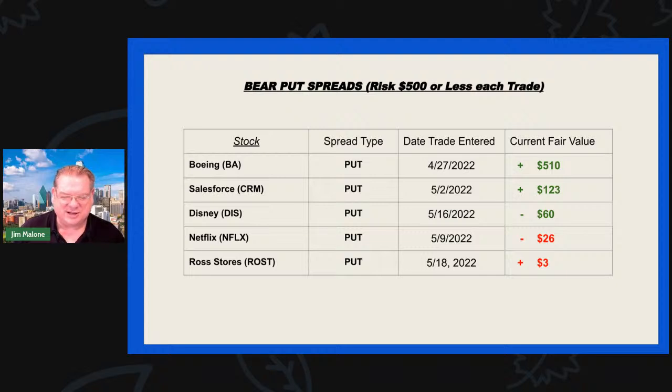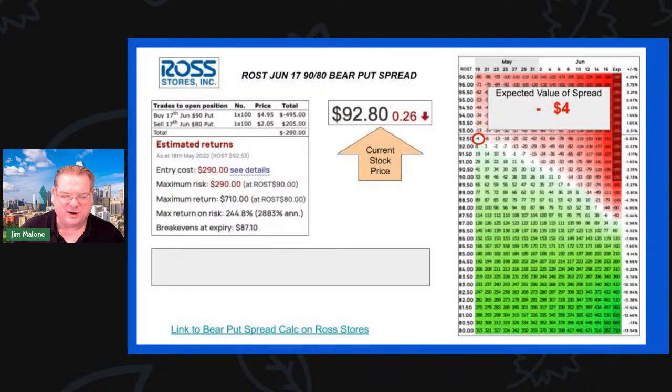And then as of today, I opened a new trade on Ross Stores. This kind of shows you where it is, as I am expecting this to retreat, and if it does, we will do well. The investment here for basically buying one June 17th 90 put and then selling a June 80 put on the same expiry was an out-of-pocket expense of $290, but I have a potential of making as much as $710.